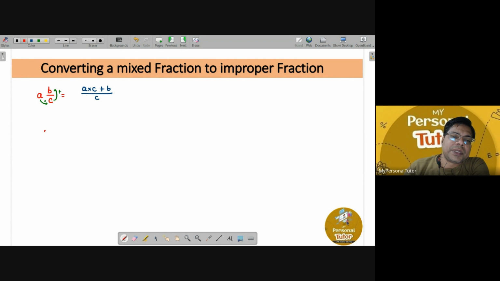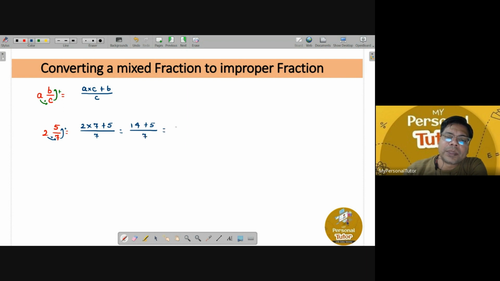Let us take an example to understand. Let's say 2 5 over 7. How will you do it? This 2 I will multiply by 7, and then you will add 5 to it, and the denominator remains 7 as it is. Simplify further: 2 times 7 is 14, plus 5, whole thing divided by 7.